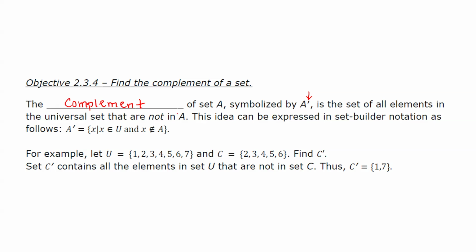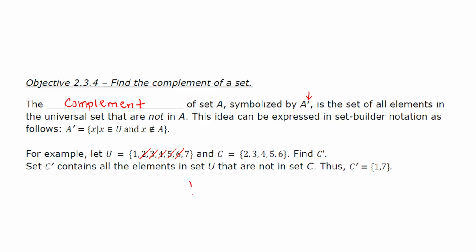Okay. Another way to do that is to list out your universal set, then take out or cross out all of the elements that are in your subset. So that would be 2, 3, 4, 5, and 6. Then what is left over would be not C, or not in the set C, or the complement of set C. Okay.